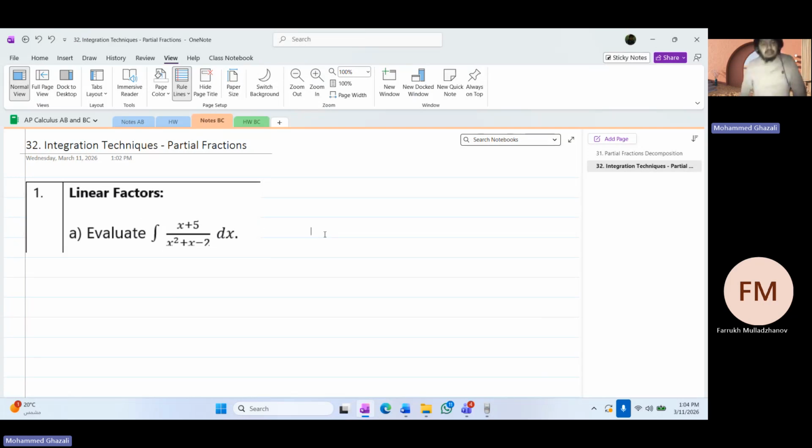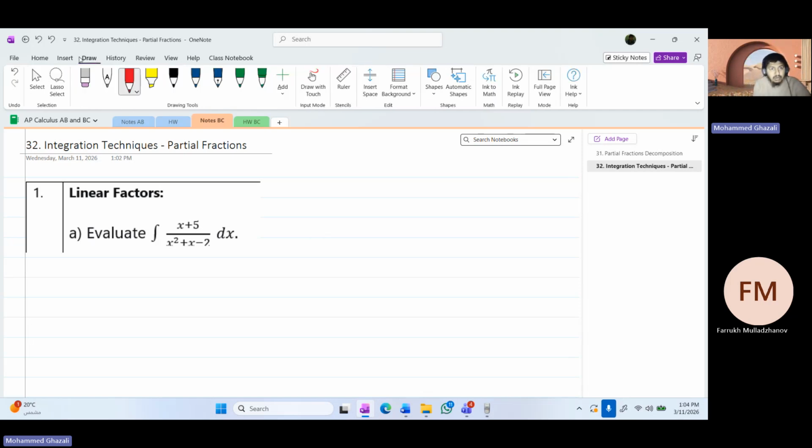So we want to integrate something like this. Now, remember, before we integrate something like this, we need to know the general form of integrals. What's the integral of 1 over a linear factor, for example 1 over mx plus b, dx?